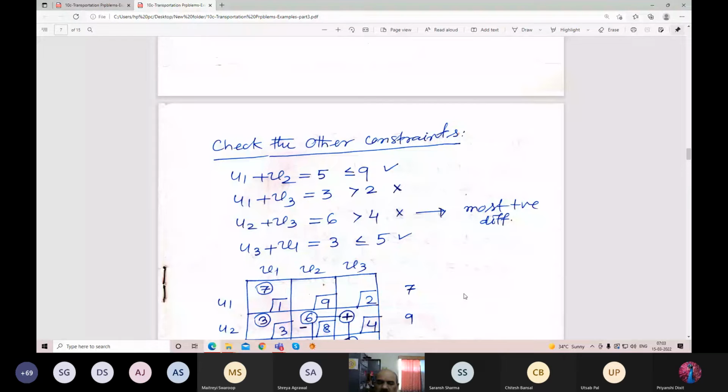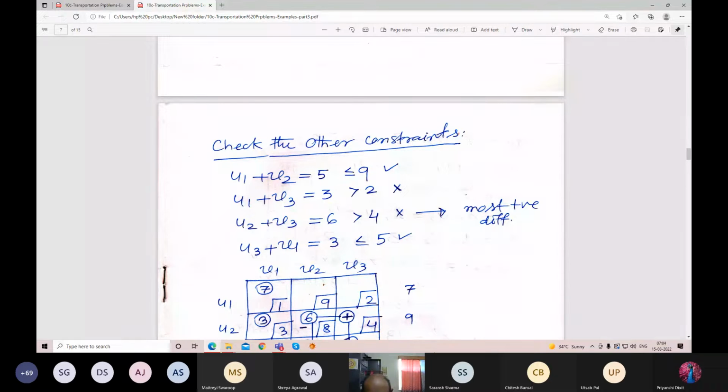So what we are getting? Generally, we are supposed to solve a maximization type problem. But in transportation, we are solving a minimization type problem. So what is happening to this? For maximization, we select the most negative element, Zj minus Cj.